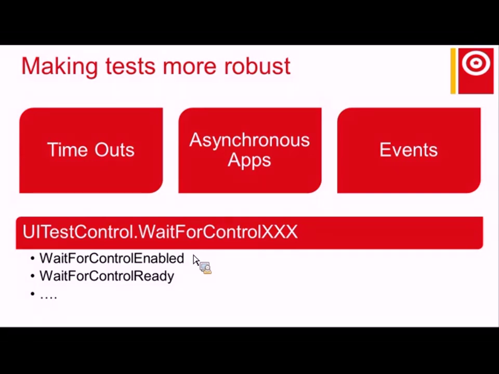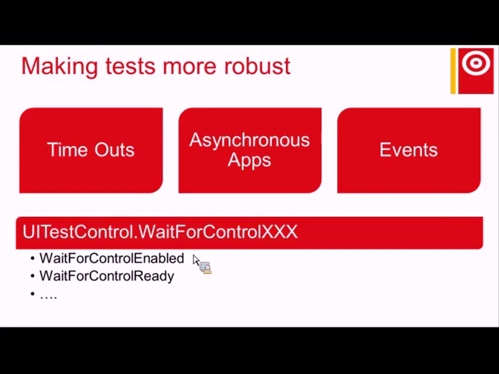The coded UI system works very hard to make sure that what is on display is there and correct, so most of the time it will do the necessary waiting for us, but under some conditions we have to do the waiting ourselves.